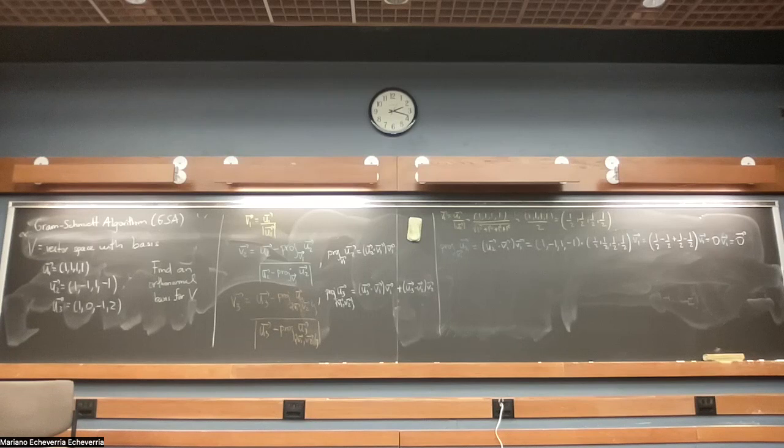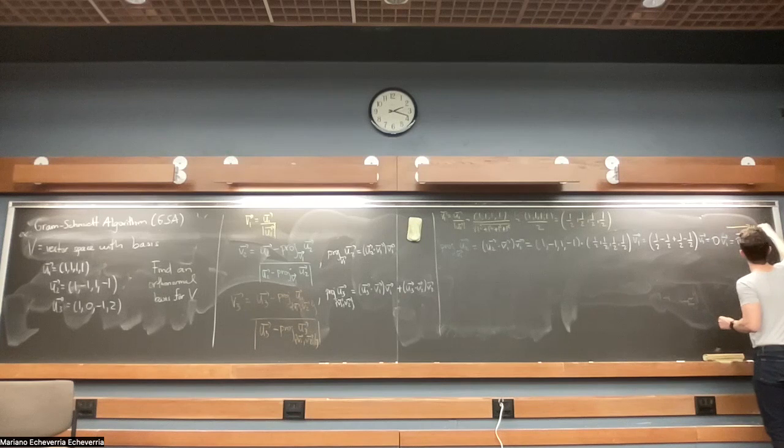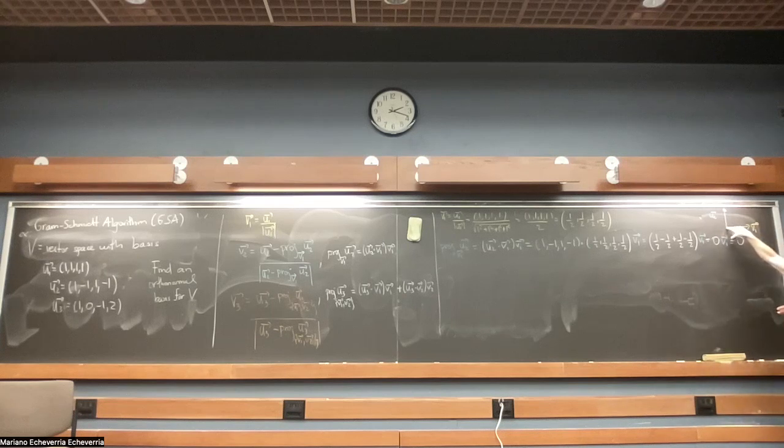So in terms of the picture, if the projection of U2 along B1 is 0, what does that mean? Here's B1, and U2 has to be perpendicular, because that's the only way for the shadow to be a point.